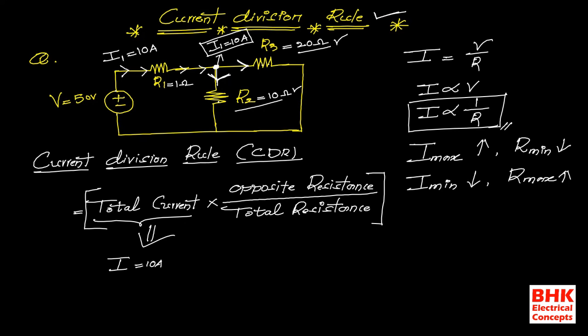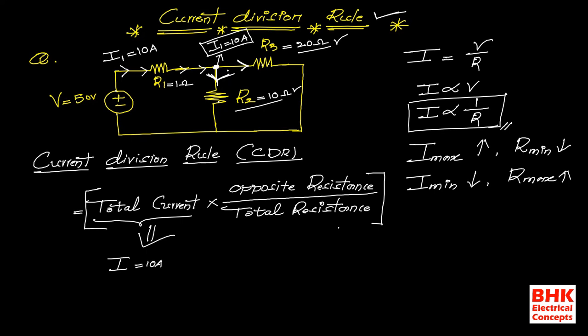Now coming to opposite resistance and total resistance. For example, if we are calculating the value of current flowing in R2, the opposite resistance is R3. If we are calculating the value of current flowing in R3, the opposite resistance is R2. Sir, why are we taking only R2 and R3? Why are we not considering R1?